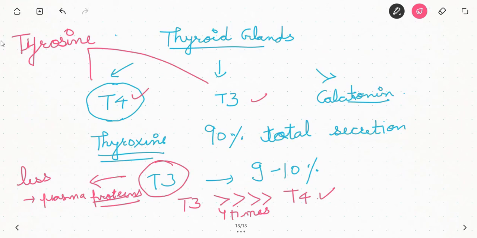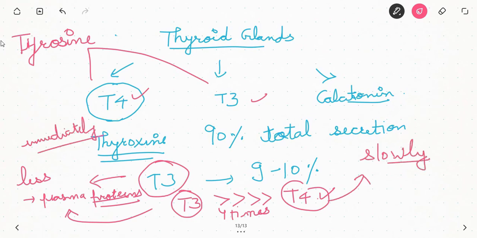T4 has more affinity, so it binds to plasma protein strongly and is released slowly. Therefore, T3 will act on the target immediately, whereas T4 will act on the target slowly.